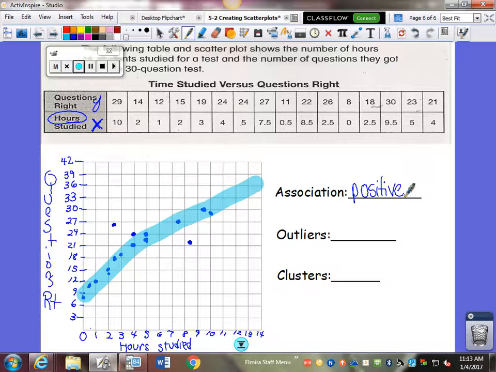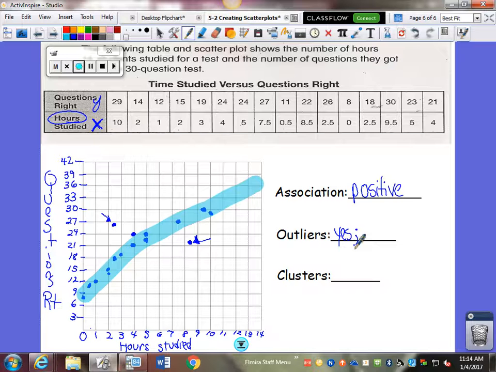Outliers. Well, I would say, you might be able to look at this one and say that they're outliers. I would say they're awfully close. I mean, yes, they're further apart. They're outside of that blue zone. But I don't know.